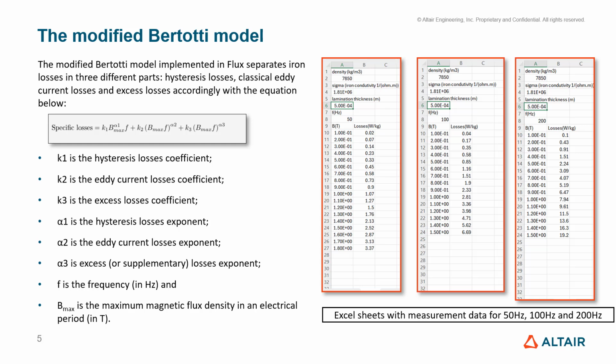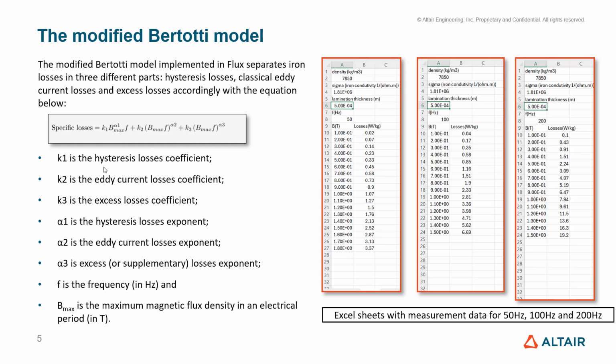Moving ahead in the discussion, next and last model is modified Bertotti model. The modified Bertotti model implemented in Flux separates iron losses in three different parts: hysteresis losses, classical eddy current losses, and excess losses. Also, these three losses are represented in the form of equation given here.